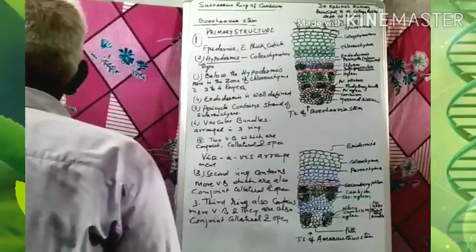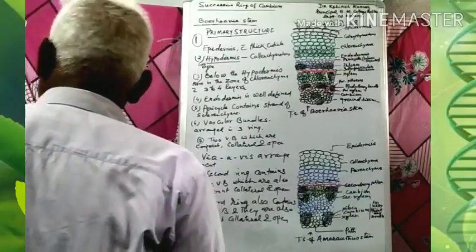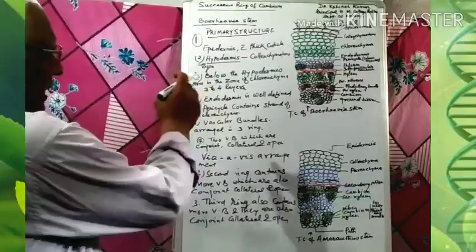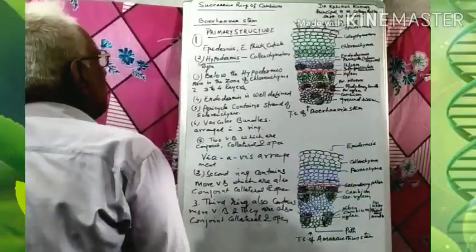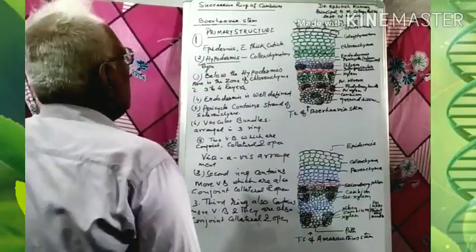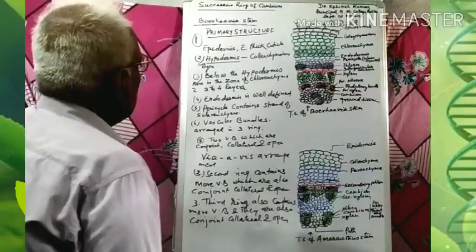So the third ring also contains the vascular bundles, and this is the chief character of primary tissues in the stem of Boerhaavia, which shows later on the successive rings of cambium.